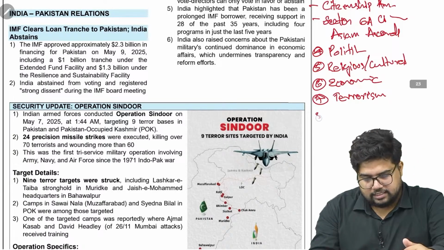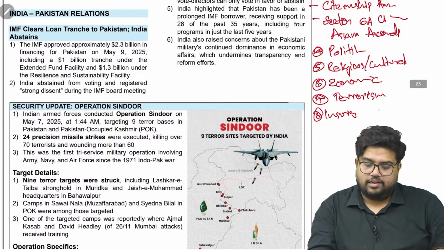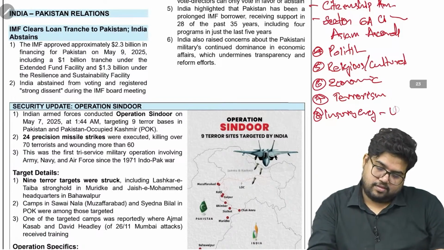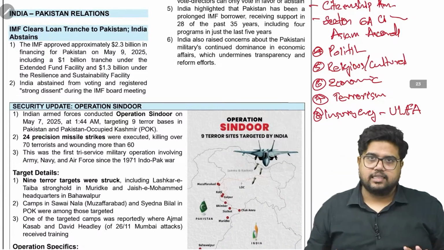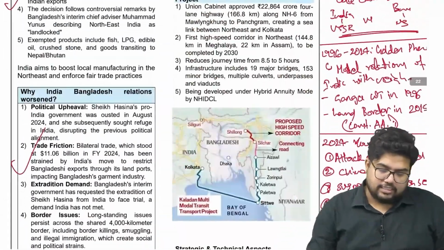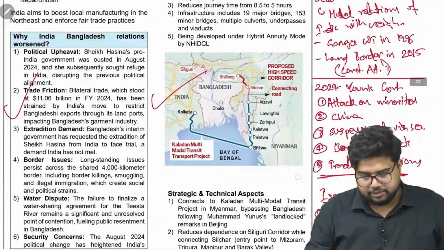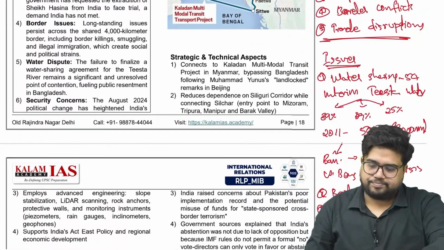We have insurgency operations being supported from Bangladesh, including ULFA. So these are the broad set of issues between India and Bangladesh. If you have this information, you can connect it with the recent developments and make a very good answer for these aspects.